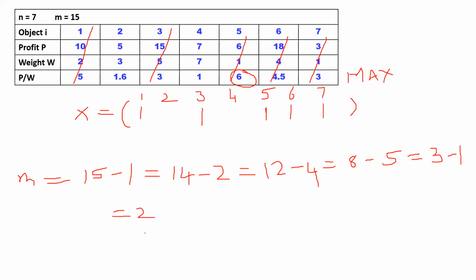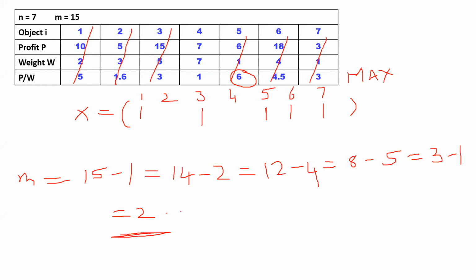Now 2 more kilos I have to fill. So I'm going to select object number 2, whose P by W is 1.6. Now, can I put complete object 2 into the bag? No, it's not possible. Object 2's weight is 3, but the remaining capacity of the bag is only 2. So I cannot completely fill up object 2.